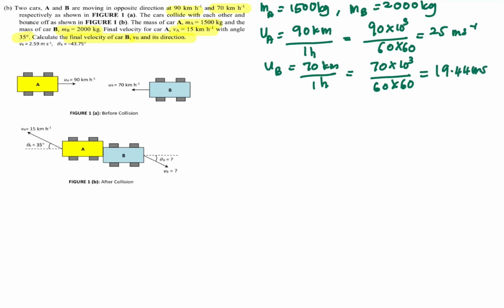19.44 meters per second. For VA, what you have here is 15 kilometers per hour, so 15 times 10 to the power of 3 over 60 times 60, and then you will get 4.17 meters per second.